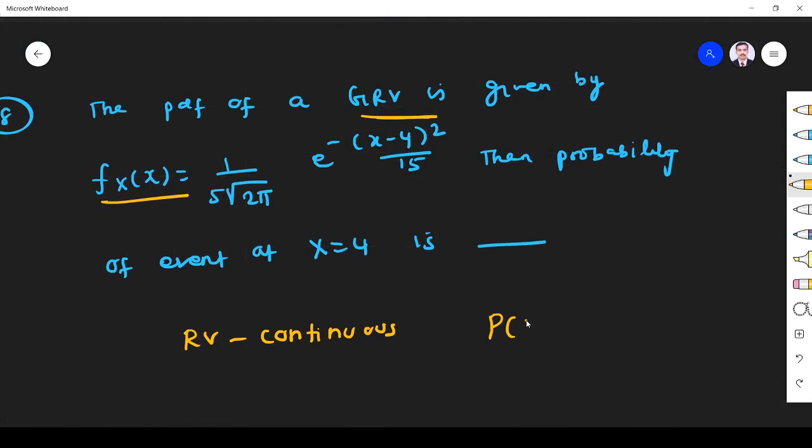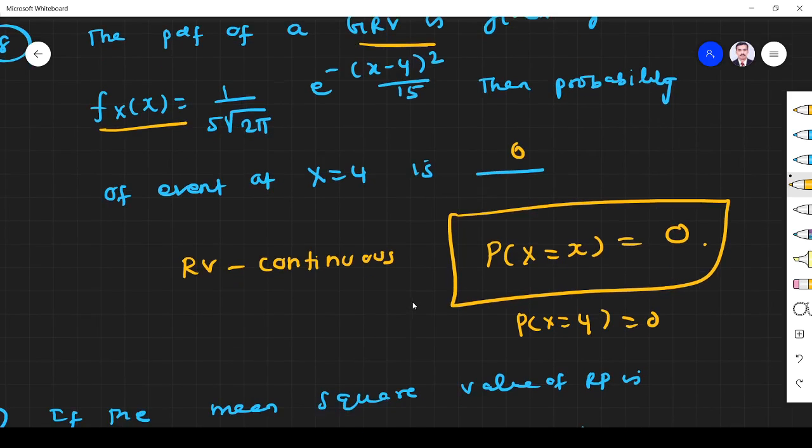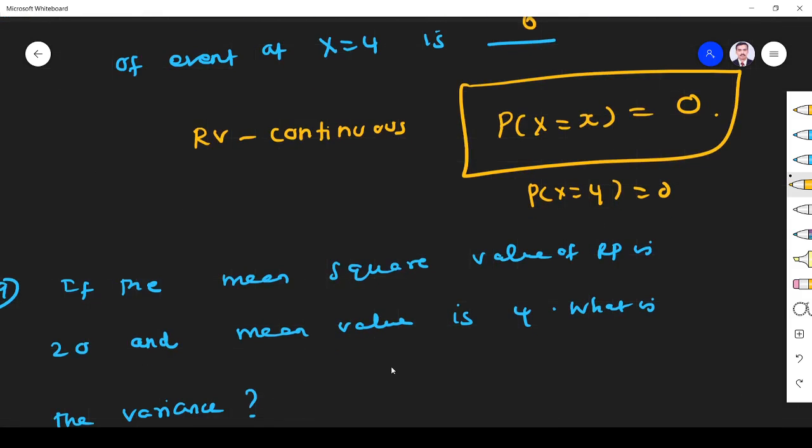Point probability P of x is equal to x for a continuous random variable is 0, right? So what is P of x is equal to 4? P of x is equal to 4 is 0. So PDF they have given, but P of x is equal to 4 is 0.